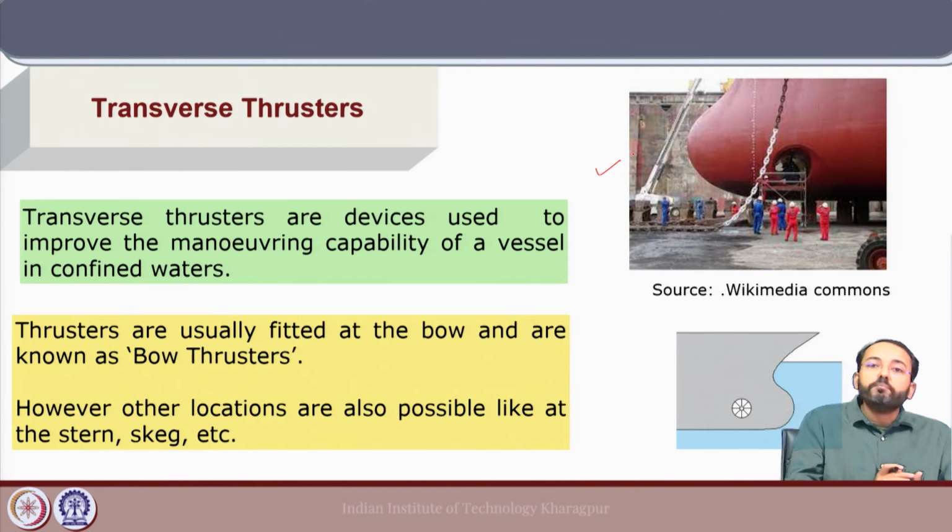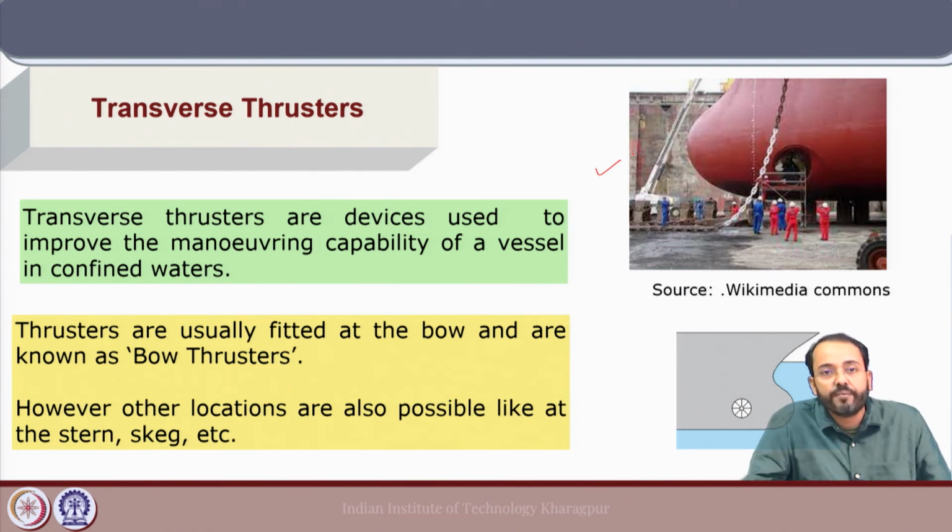When the vessel moves at low forward speeds, typically in confined waters near the port, the flow velocity into the rudder is very low, and hence the rudder cannot generate enough lift force for the vessel to be maneuvered properly. In these cases, transverse thrusters are very useful to provide thrust in the transverse direction, and they can be effectively used for maneuvering the vessel in confined waters.